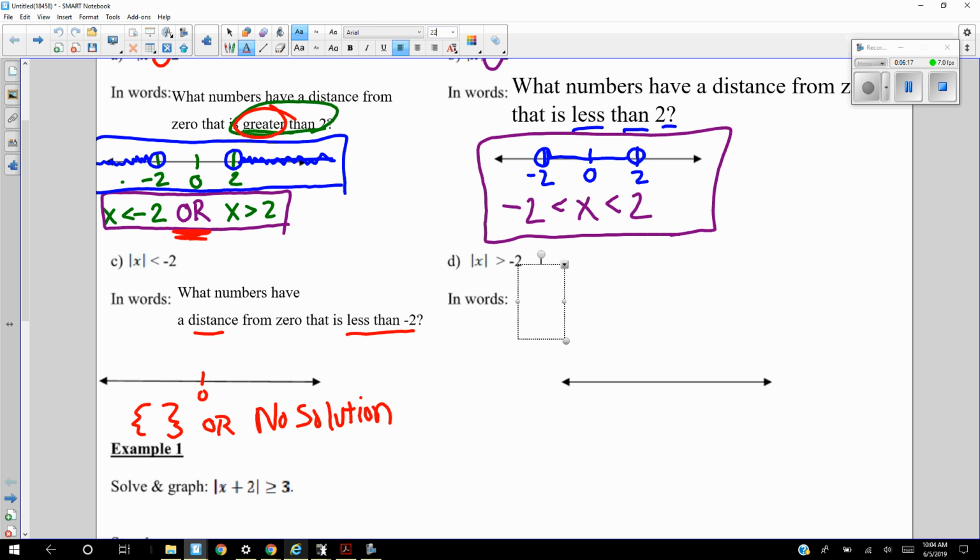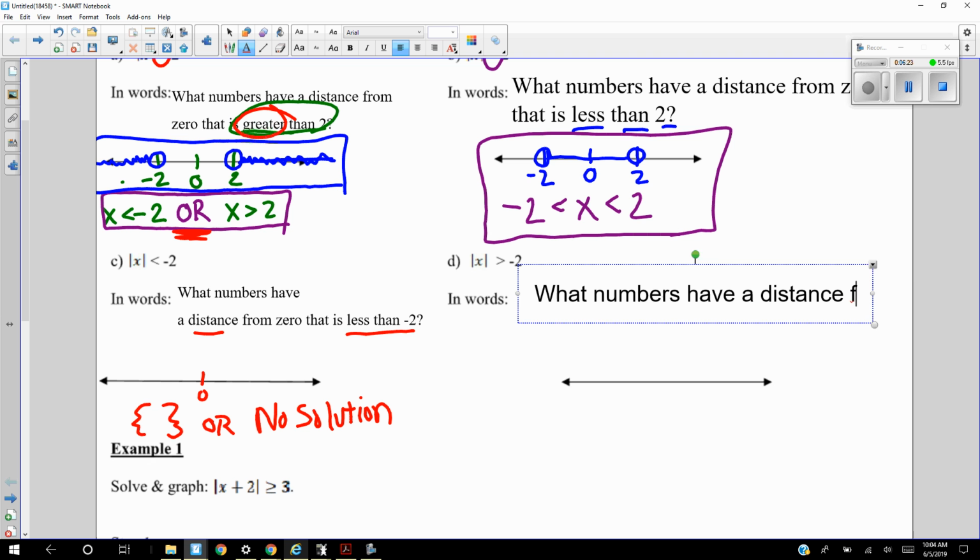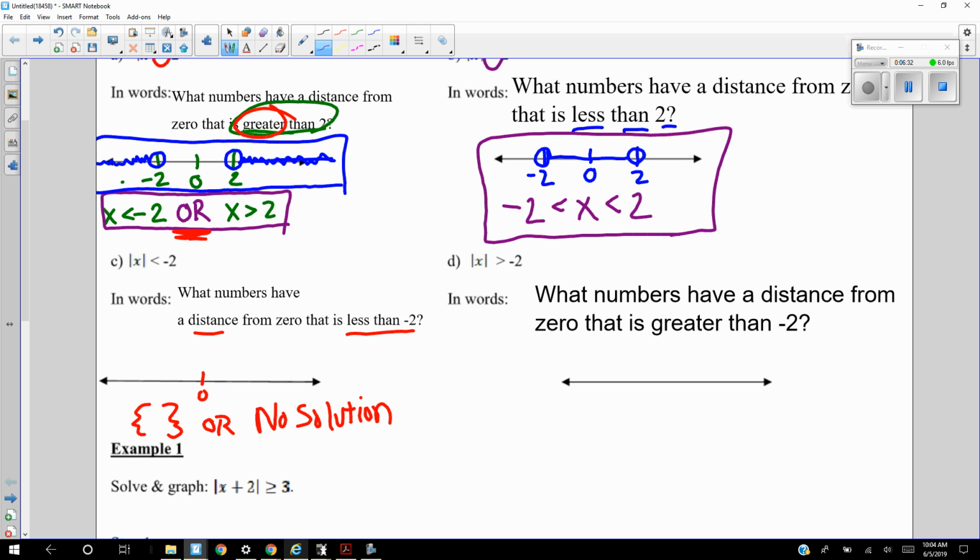All right, and then the last one. This is a great or then problem, but this is the exception I was talking about. What numbers have a distance from 0 that is greater than -2? So again, we said absolute value is always going to be 0 or a positive number. So think about what numbers have a distance that's greater than a negative number.